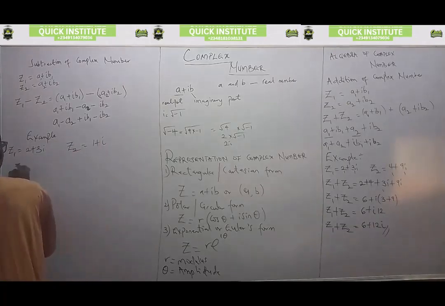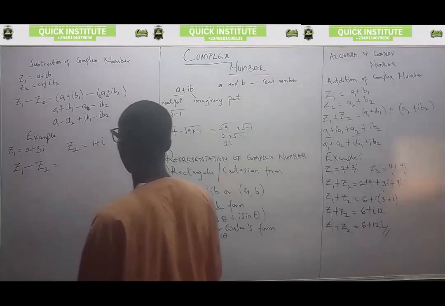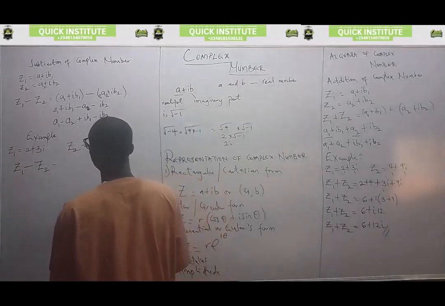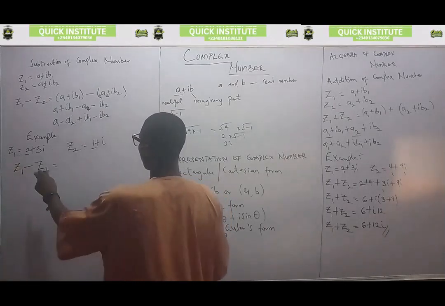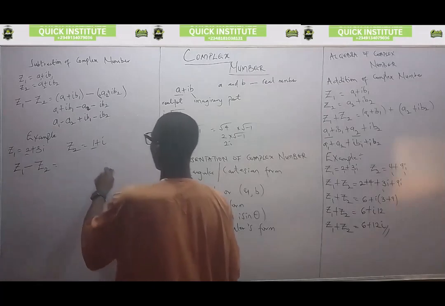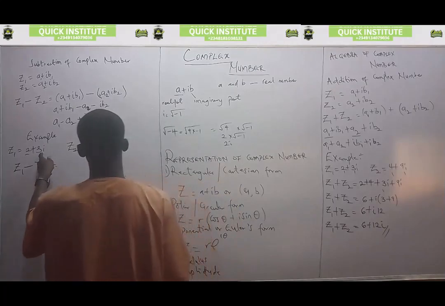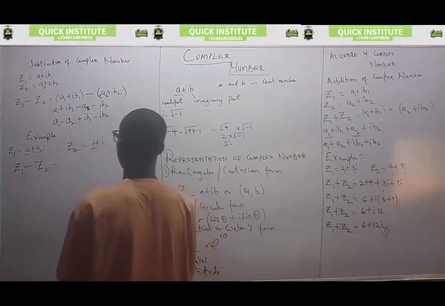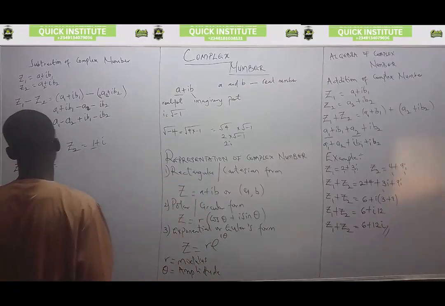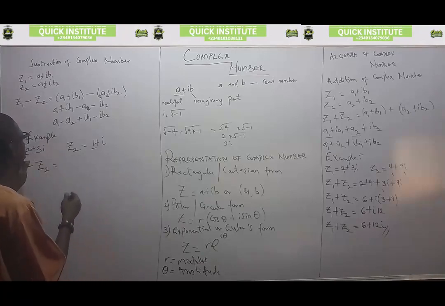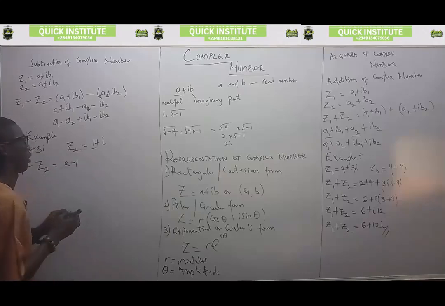So now z1 minus z2. This is our a1, and these are a2, where 2 is our a1 and 1 is our a2. Our b1 is 3, and our b2 is 1. It's invisible, there is a 1 here, but it is invisible. So our a1 is 2, and our a2 is minus 1.